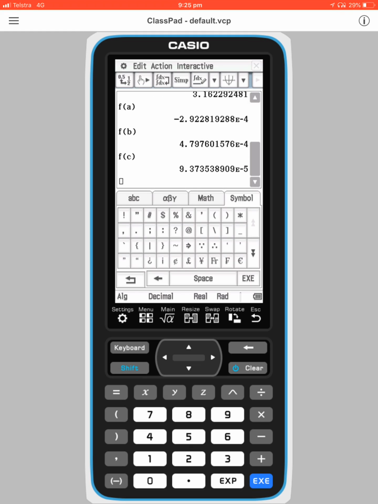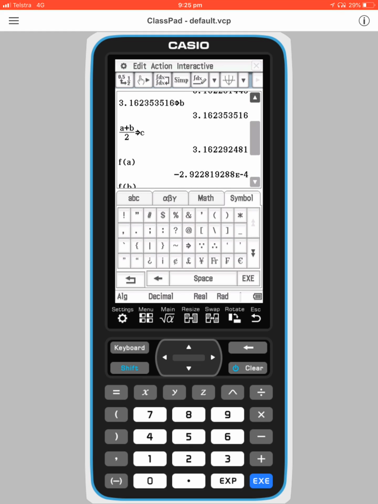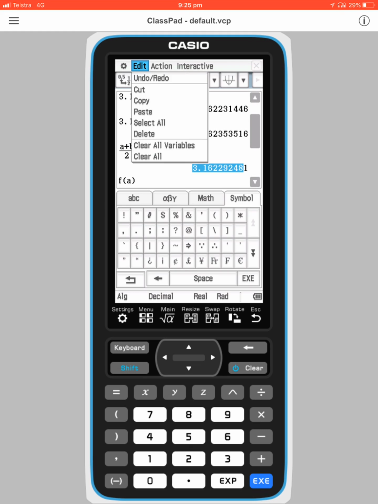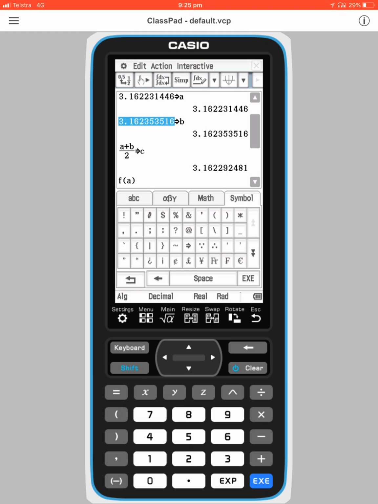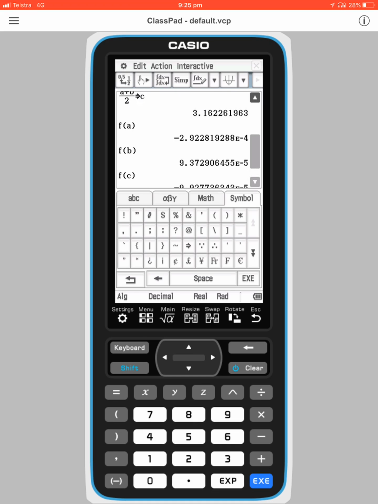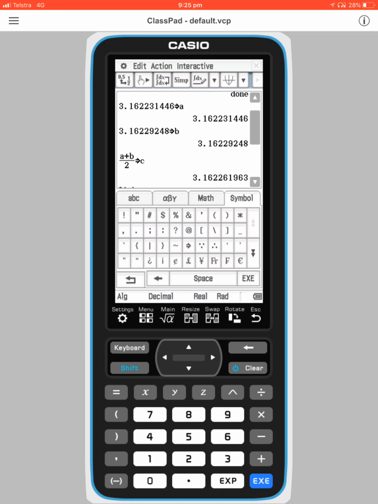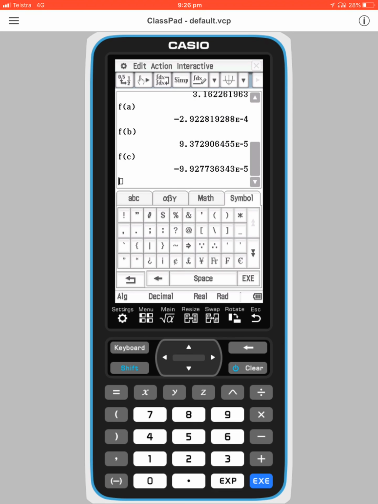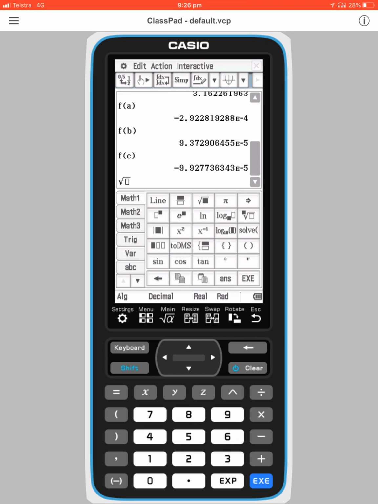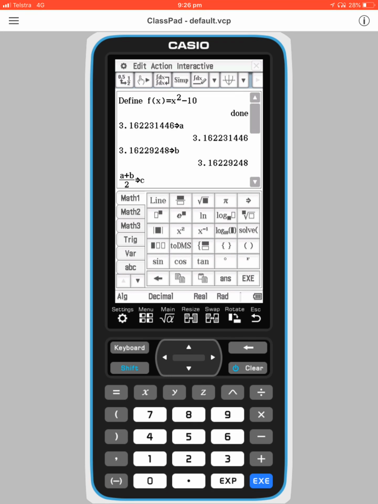Because it's positive, we replace B. So here, edit, copy. Okay, really small negative number. So 3.1622, 3.1622, 3.1622. Now let's work out what the square root of 10 is. 3.1622. So there you go, we've used the bisection method to find out what the square root of 10 is.